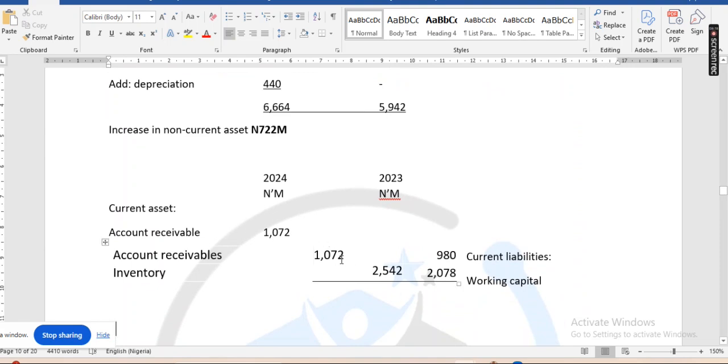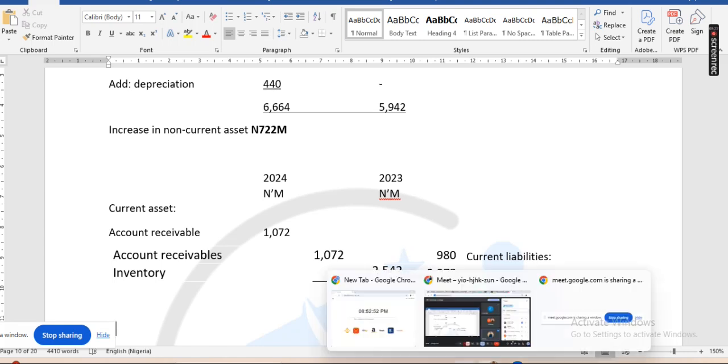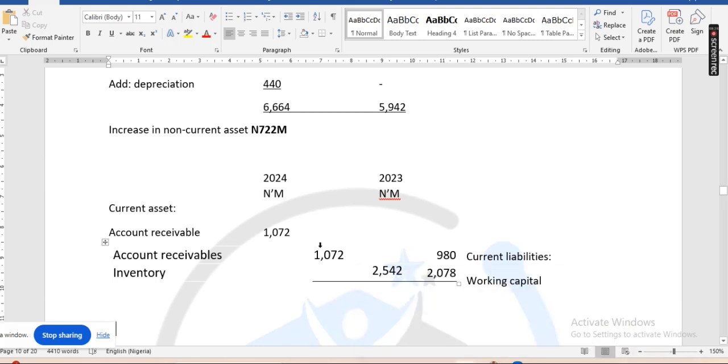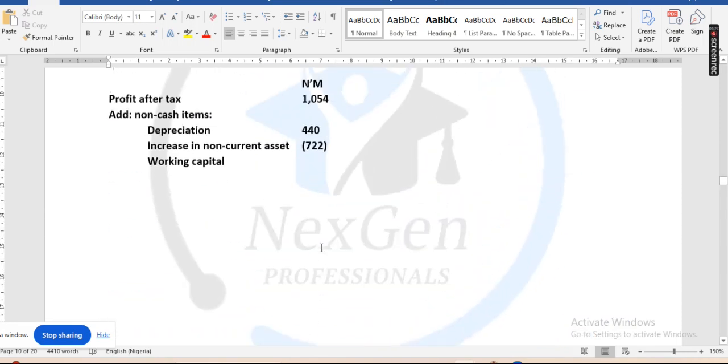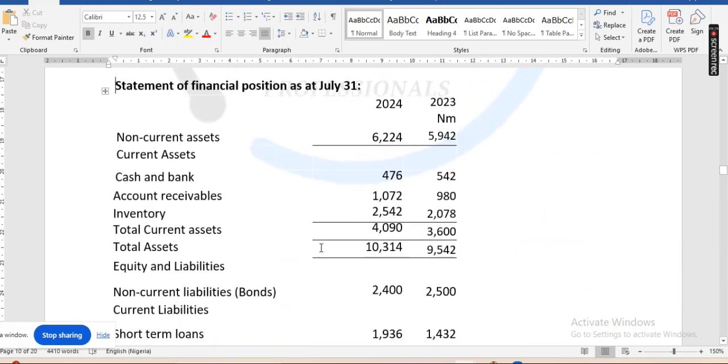So don't forget, your working capital will be your current assets minus your current liabilities, right? So now we quickly go and check what makes up our current assets. Then we copy it down. What makes up our current liabilities? Don't forget, your current assets exclude cash and bank, class, cash and bank.